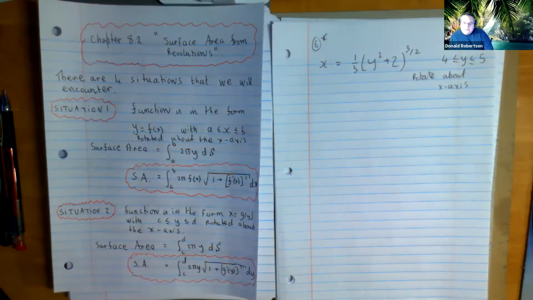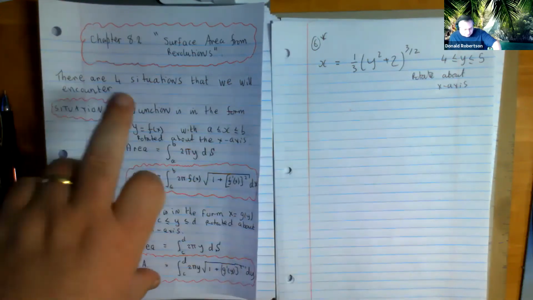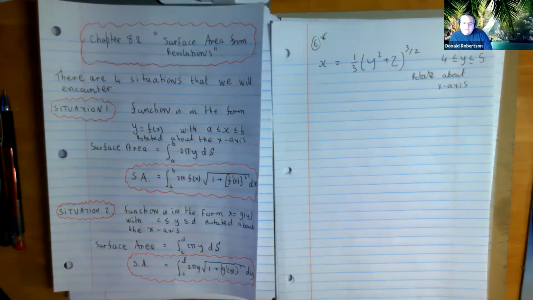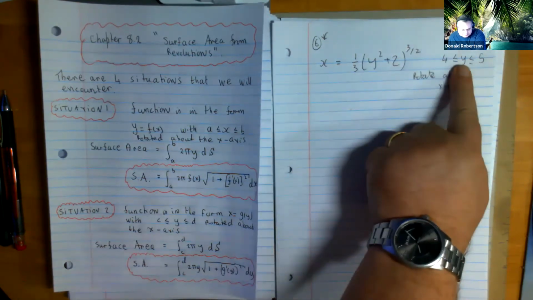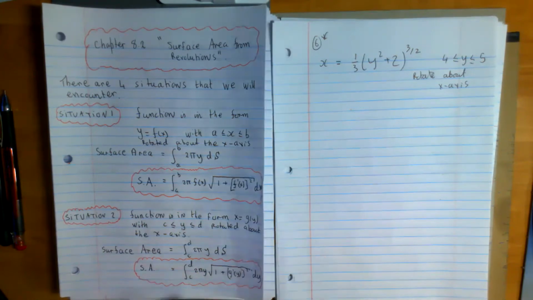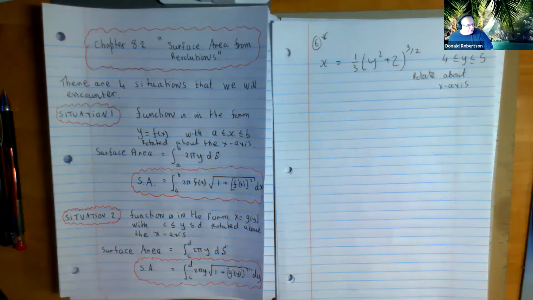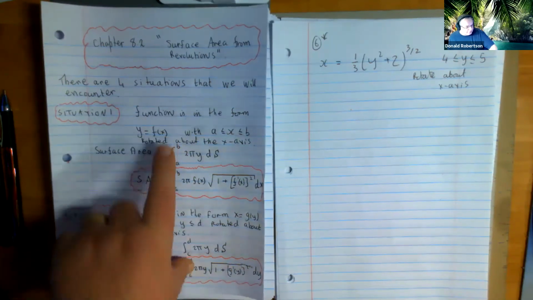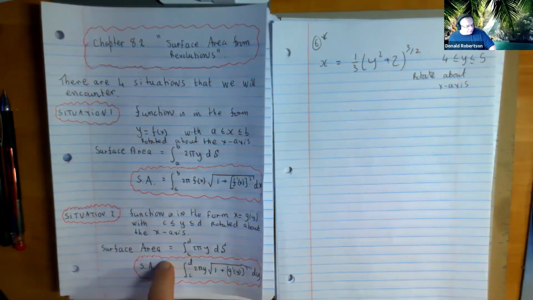Since it's rotating about the x-axis, it's one of these 2, and it's written in this format. So does that make it situation 1 or situation 2? 2. Is it pretty easy to tell? Rotate about the x-axis, and then you pick the one with all the y's in it.